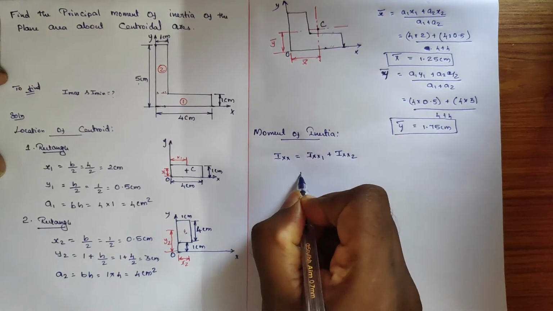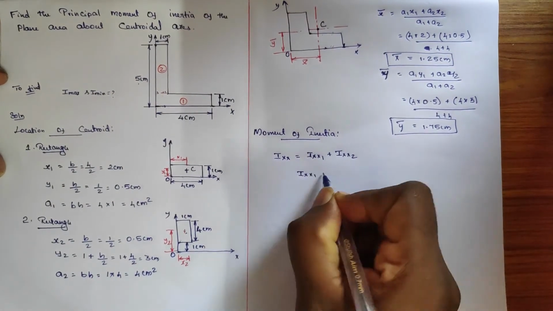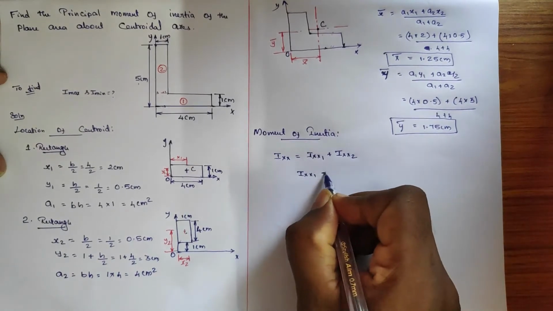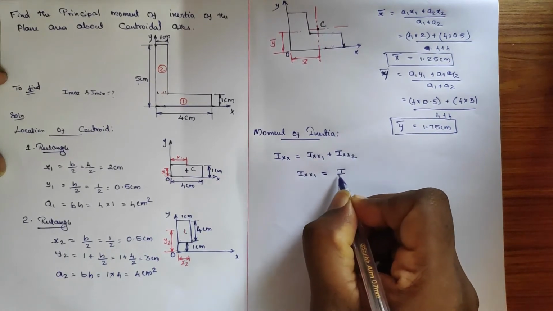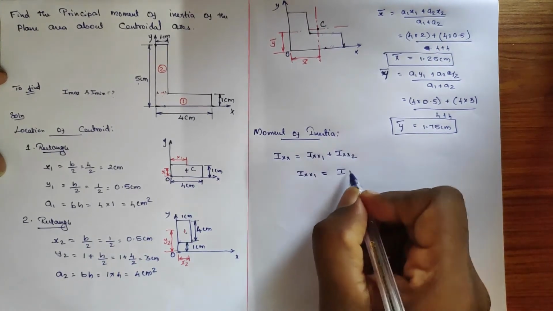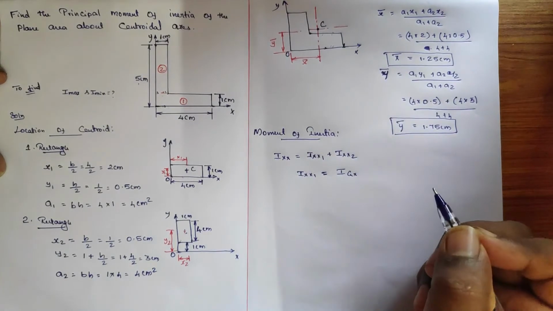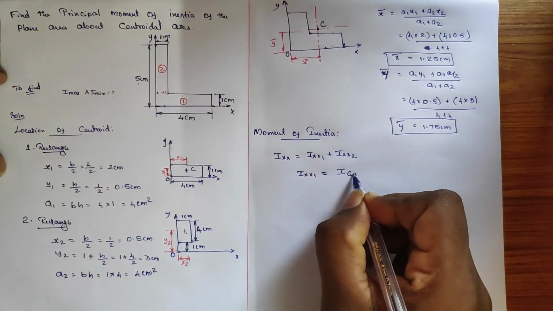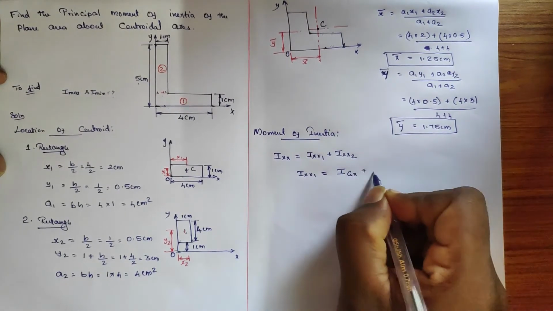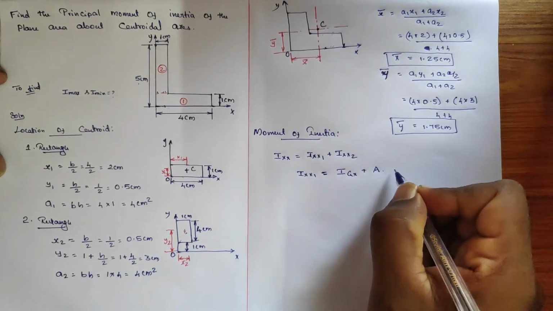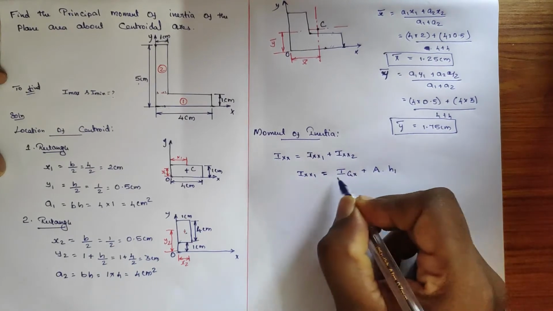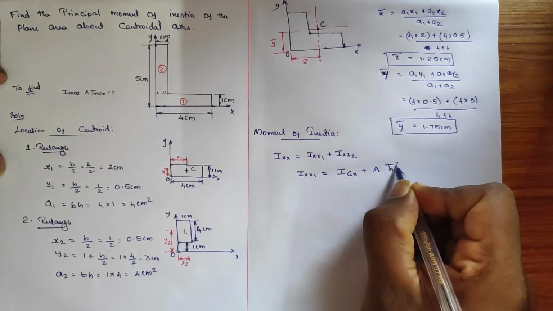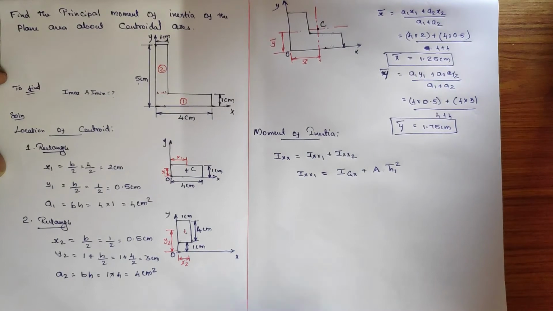So first of all we can identify Ixx1 and Ixx2. Ixx1, if I elaborate it, is the self moment of inertia Igx, plus area into perpendicular distance square. So here h1, it's the first component, h1 bar the whole square, and here as well the area 1.